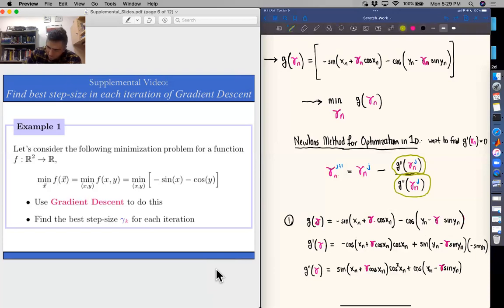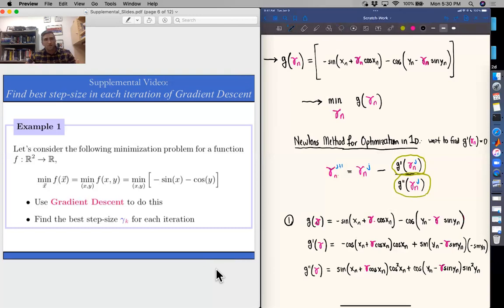But then, of course, we differentiate what's inside by chain rule. We just have to worry about the minus gamma sine term. Differentiating that, we get another factor of minus sine y_n. So we actually just get that multiplying a positive sine y_n at the end of the day.